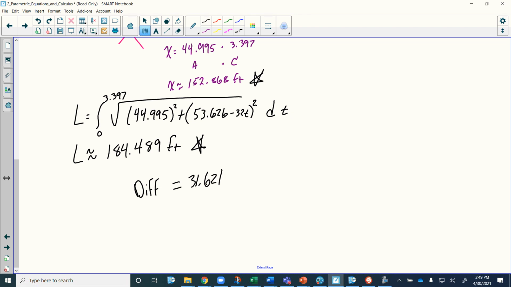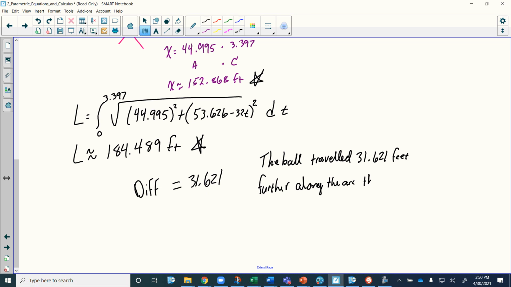So the way that I would say this is I would say the ball traveled 31.621 feet further along the arc than it did horizontally.